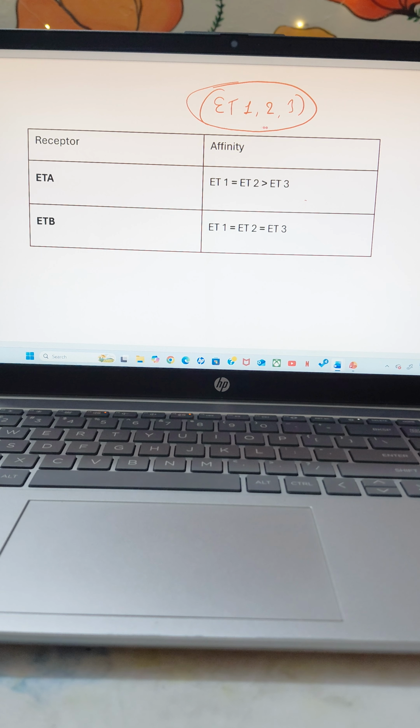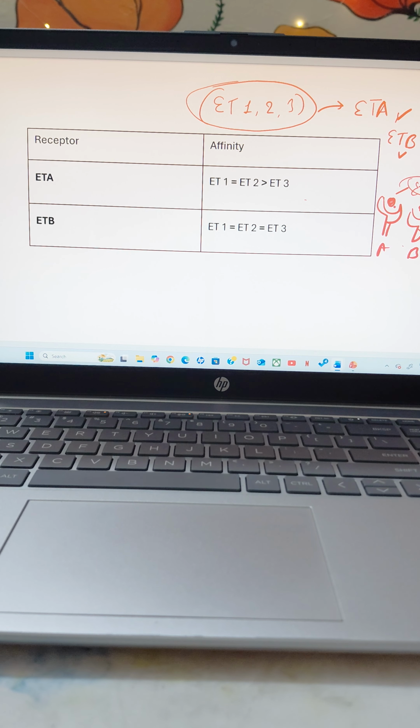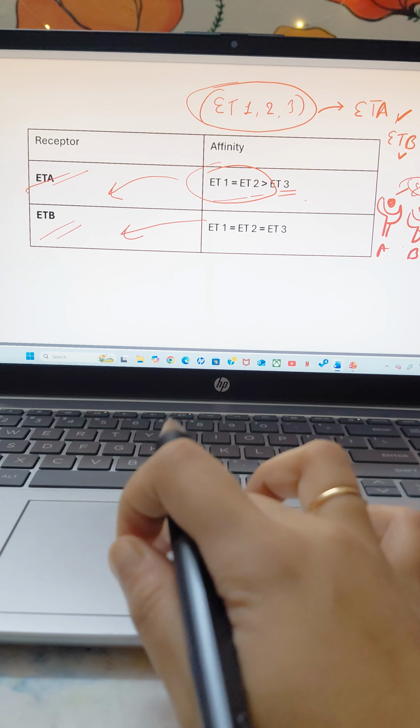These are the three isoforms, but they bind to two receptors, that is endothelin A and endothelin B. The isoforms bind based on their affinity. The affinity of endothelin 1 and 2 is much higher than endothelin 3 for the endothelin A receptor, whereas for the endothelin B receptor all of them have similar affinity.